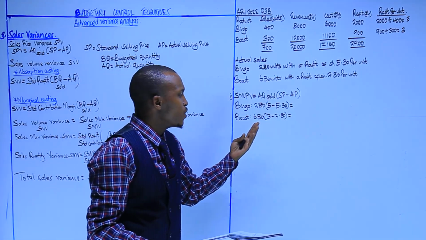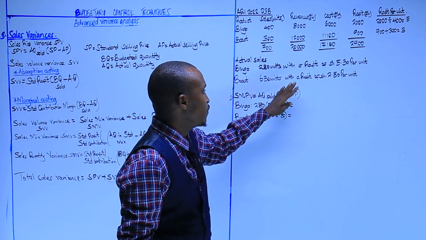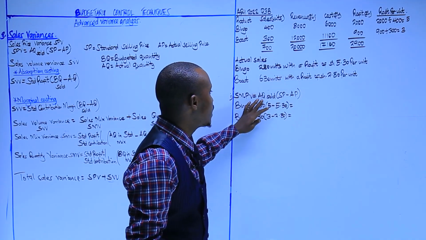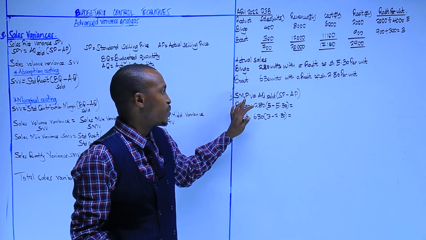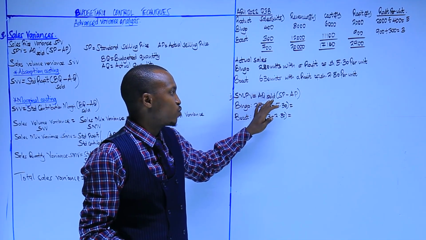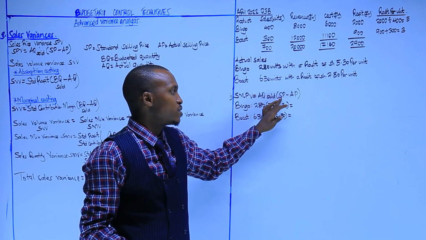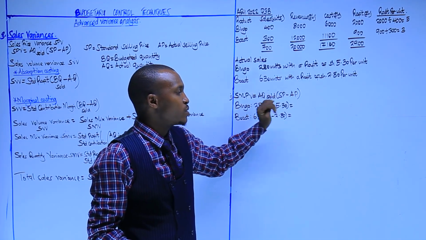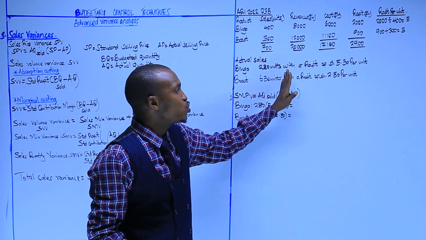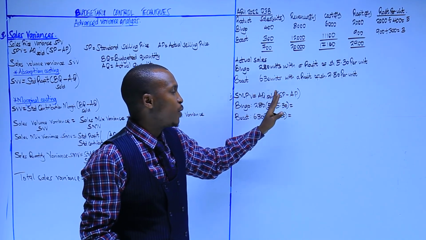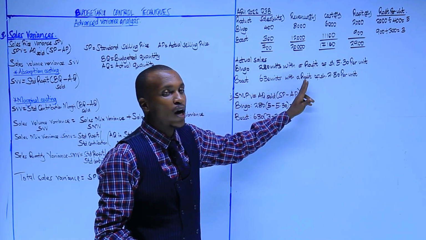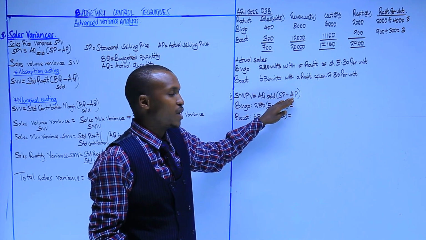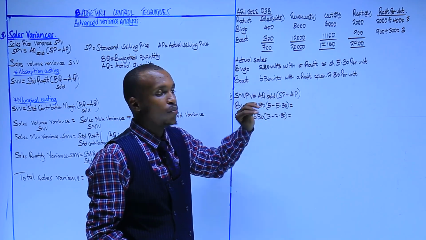But in case we had been given the revenues of the actual sales, we would have determined this price variance by taking your actual quantity sold, your standard selling price minus your actual selling price. Because we only have profit for actual sales, there is no way we can use our selling prices here.